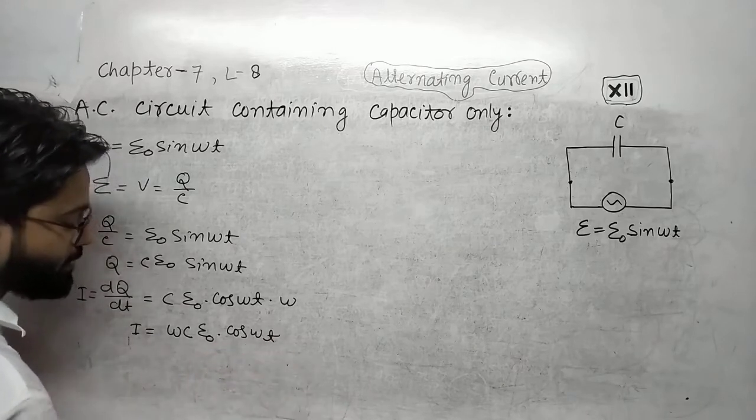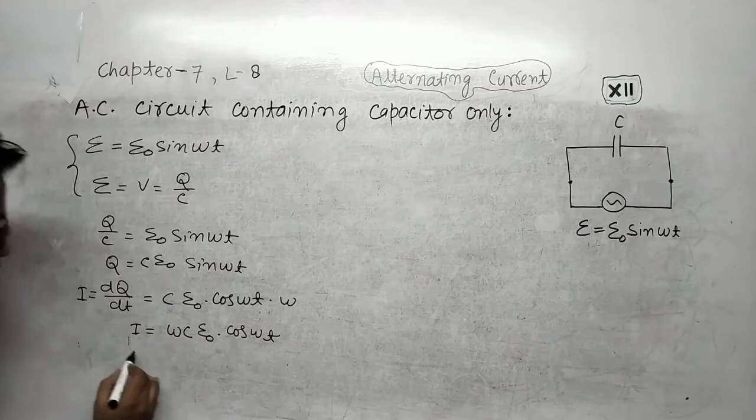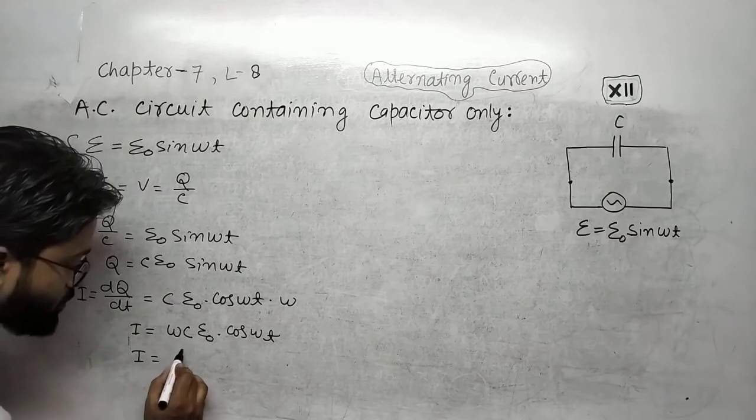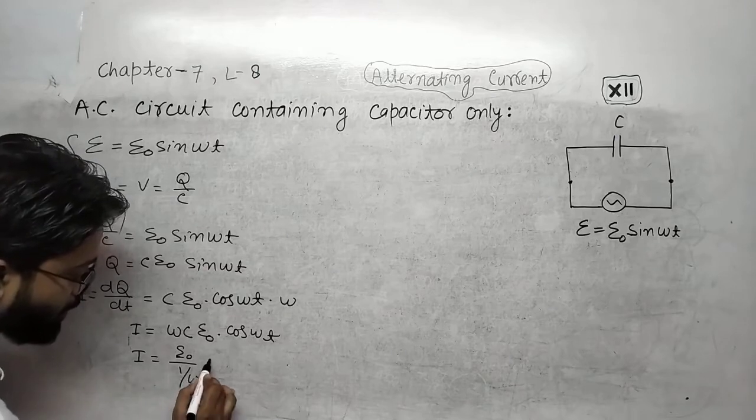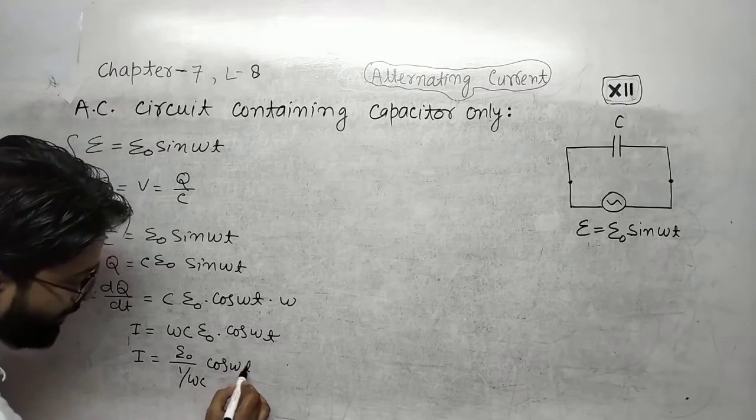cos omega t. Also we can write I is equal to E naught upon 1 upon omega C into cos omega t.